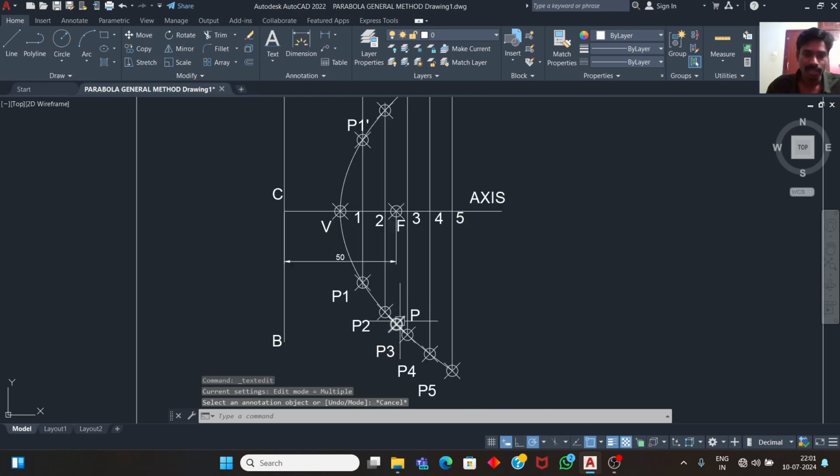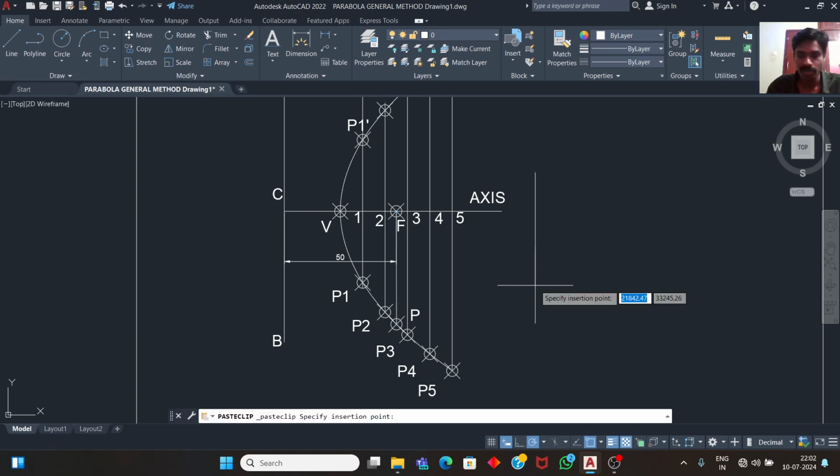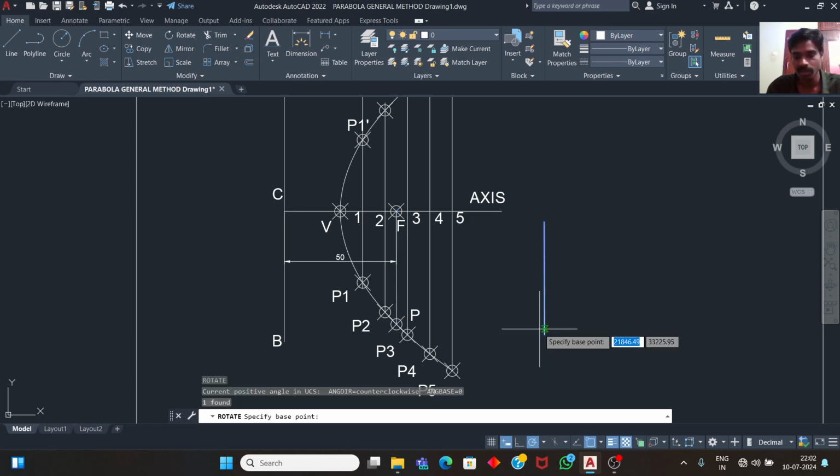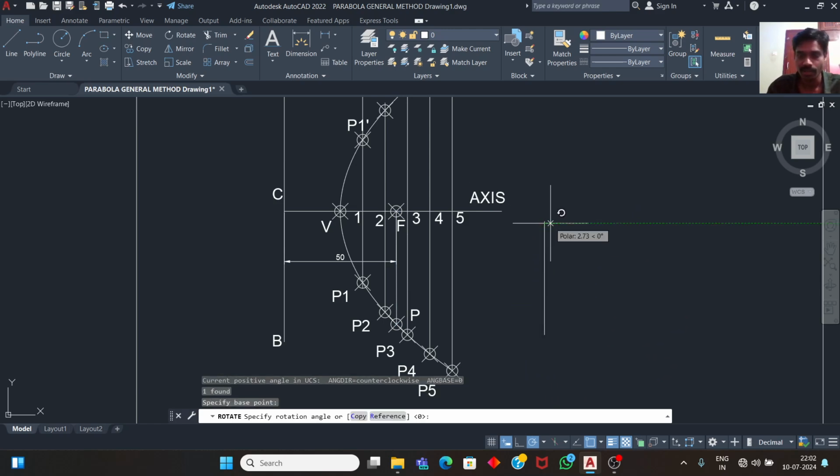From this point, we need to join this point to F, the focus point. With the help of the line command, I'm joining this point to F, and copy this line, paste it somewhere here, and rotate this line into 90 degrees.